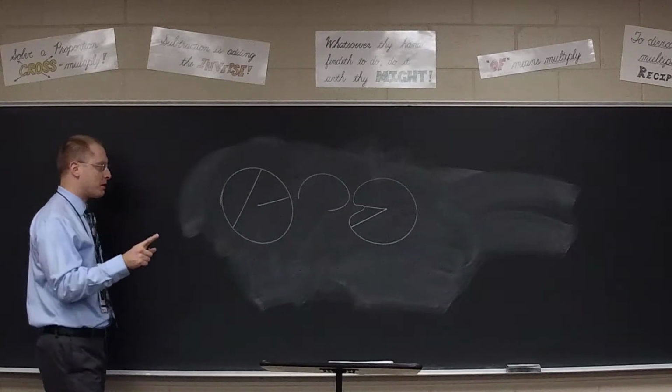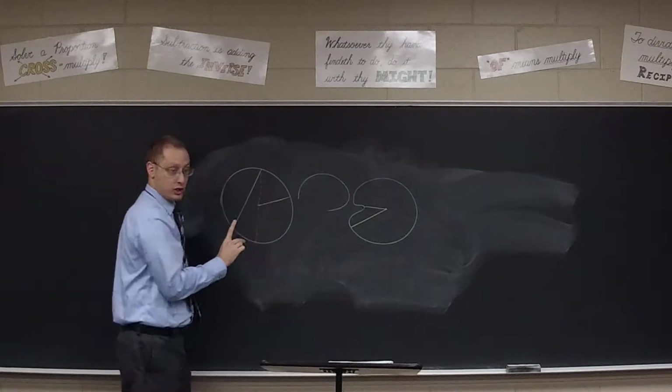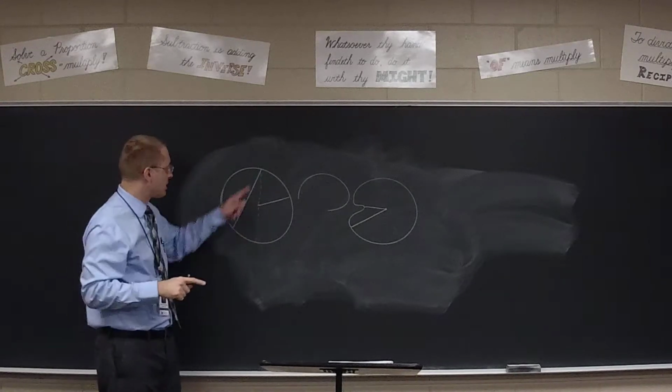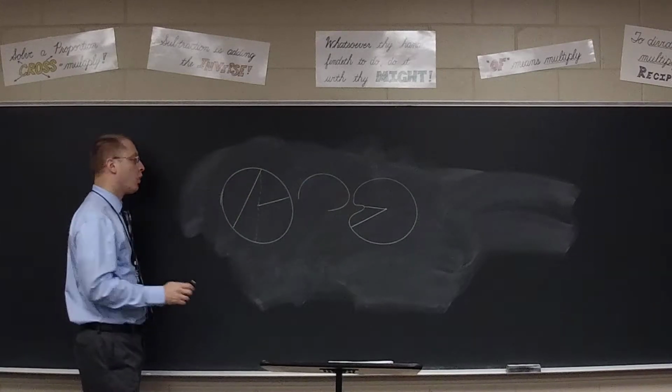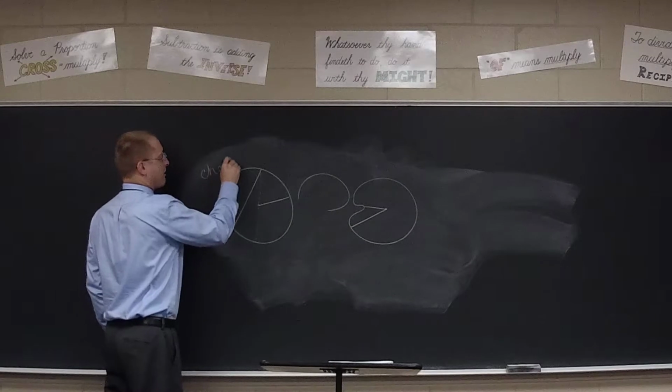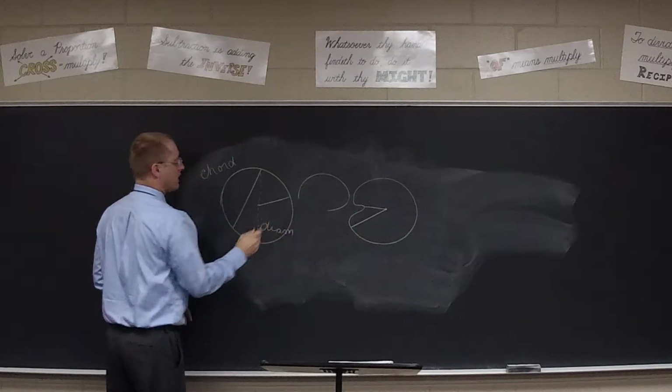Not a diameter unless it goes through the center. Then it's a diameter. But what do we call this line, Chris? That's a chord. A chord. Very good. So a chord, remember, just has its ends on the circle. The diameter specifically goes through the center.